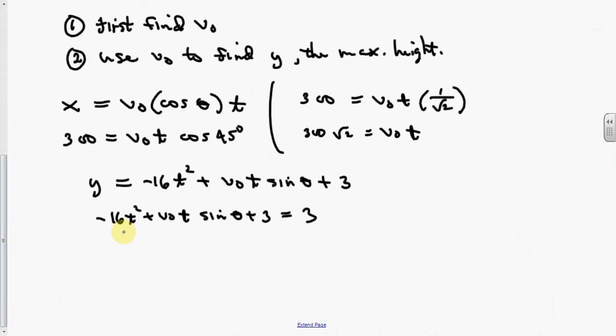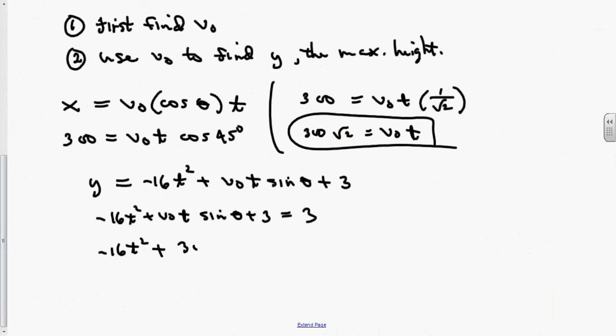So what I have is this. I have negative 16 t squared plus the initial velocity times the time, that's directly 300 times the square root of 2, and this is times sine theta. Well, that's 1 over the square root of 2. This is equal to 0. Subtract 3 on both sides.